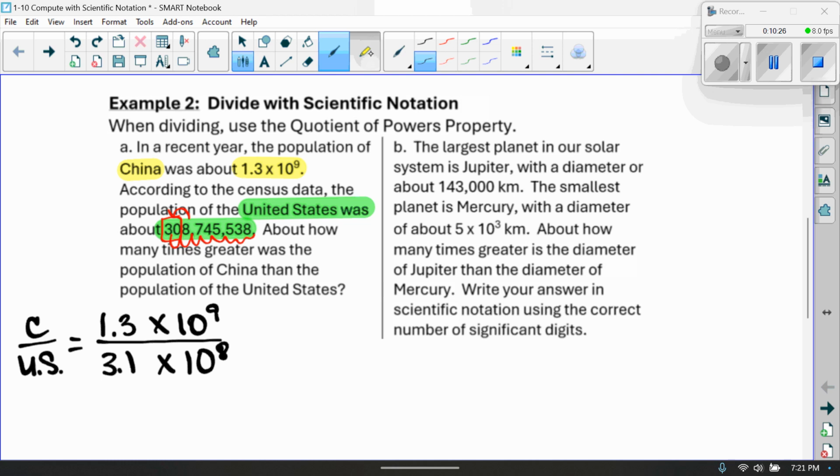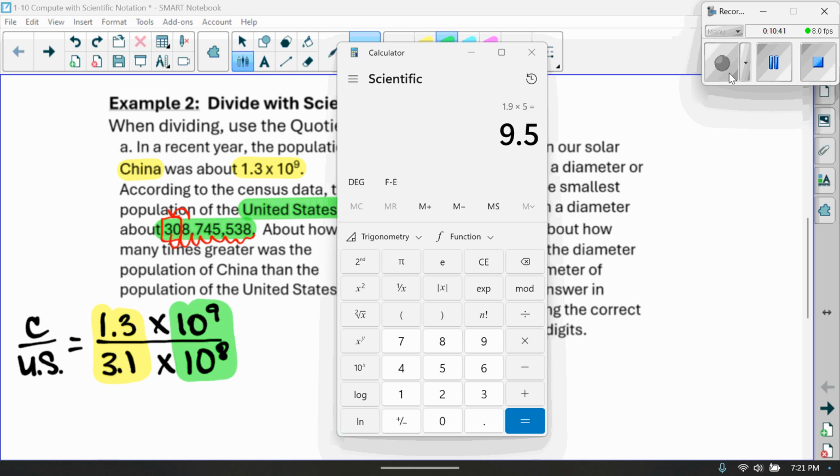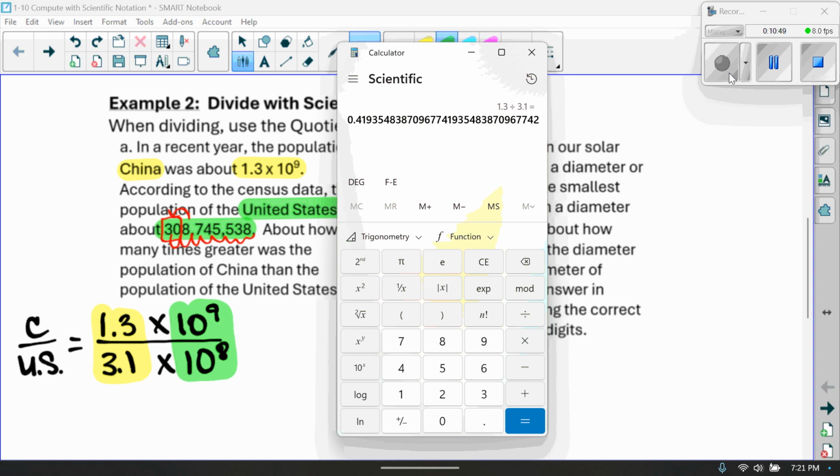And now, again, we divide. So here we are dividing our constants, and then we are going to divide our powers. Okay? So when we divide 1.3 divided by 3.1, that's going to give us 0.419.